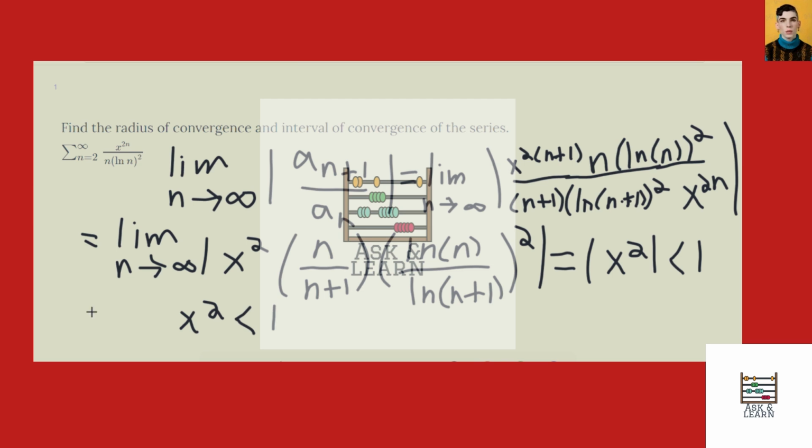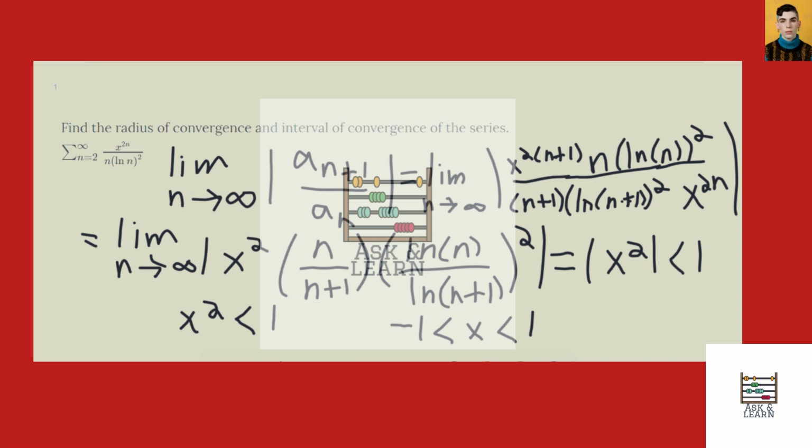Okay, and this means that x is going to be between minus 1 and 1. So we'd get that by taking the square root of both sides and then doing the plus minus, and you'd get that x is between minus square root of 1 and positive square root of 1, which is just minus 1 and 1.